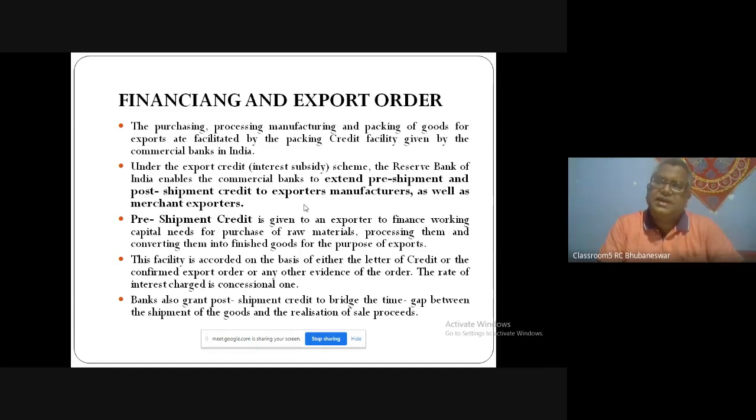It is a relationship between the two parties, through the bank and the exporter. There is a time gap before realization of sales proceeds, and the bank can grant some credit to the exporter, saying: I am with you, and you have to export the goods. So that type of two credit facilities is required at the time of shipment.